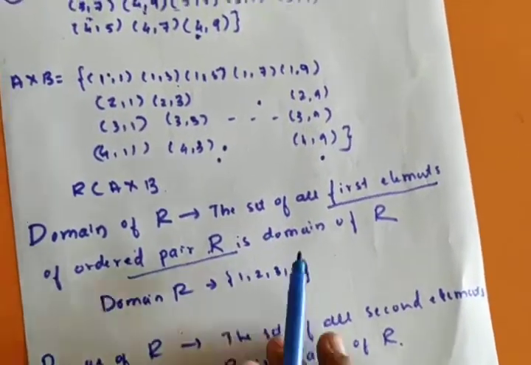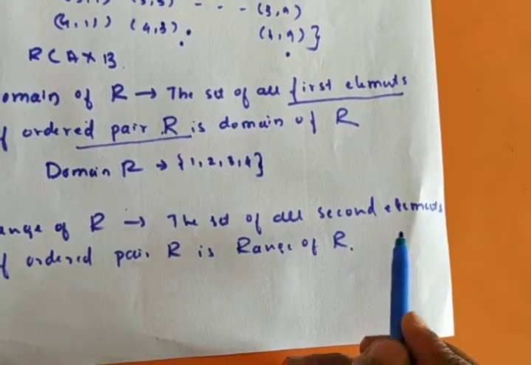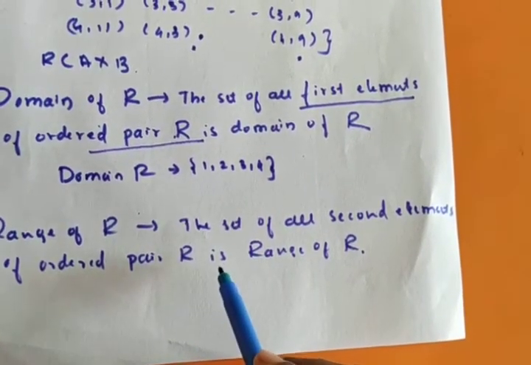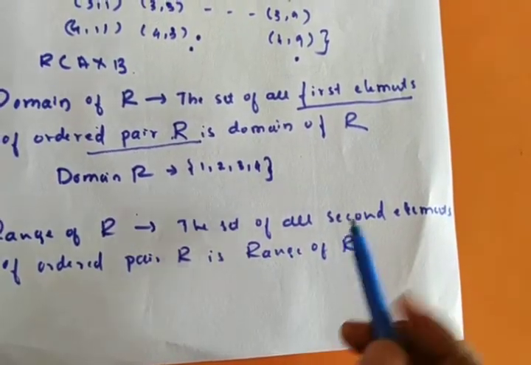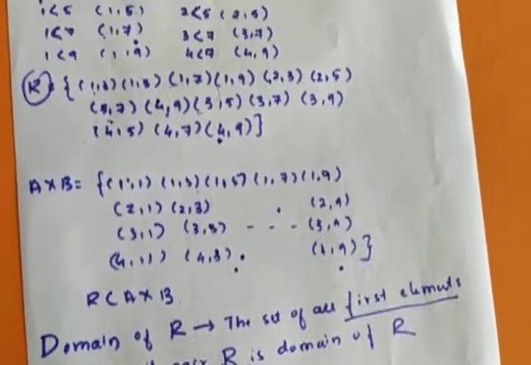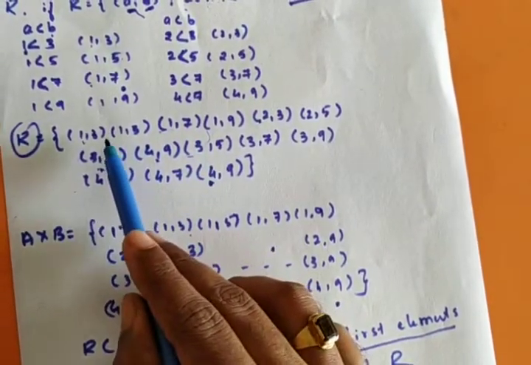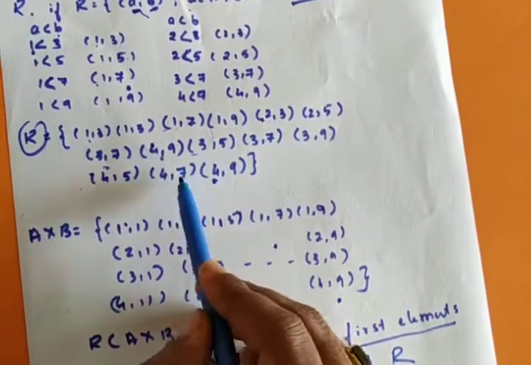I have written that. Next, what is the range of R? The range of R is the set of all the second elements of the ordered pairs of R. The second elements of the ordered pairs in the relation here are 3, 5, 7, 9.